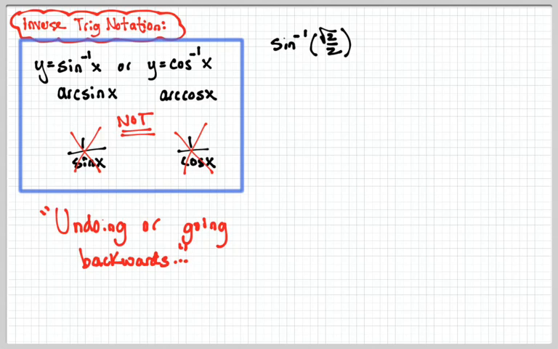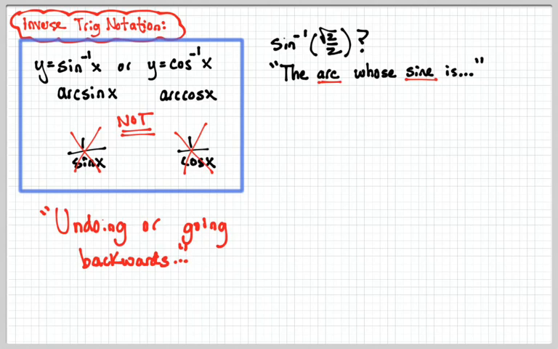Another way of saying this, and here's why we use arc sine, or where it came from: the arc whose sine is blank. This is what it translates to. And I think when I draw the circle it will make sense.